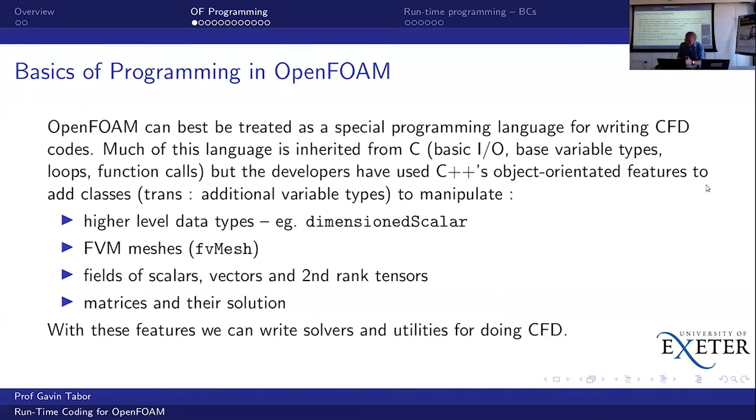And this ranges from simpler things like higher level data types, things like dimensioned scalar, a value with its dimensions and a name, finite volume meshes, obviously, fields of scalars, vectors and tensors, and right the way up to chunky objects like matrices and even solution classes.